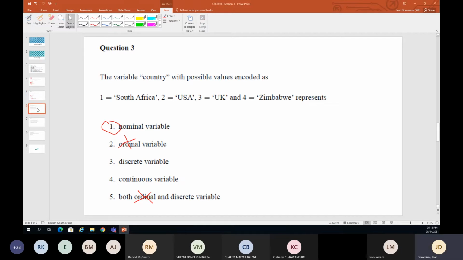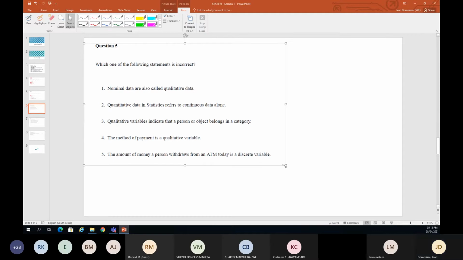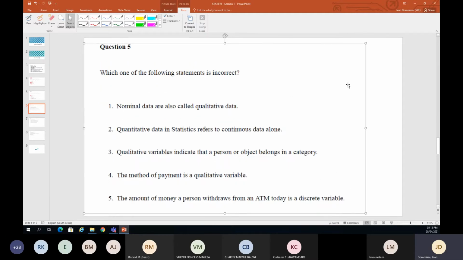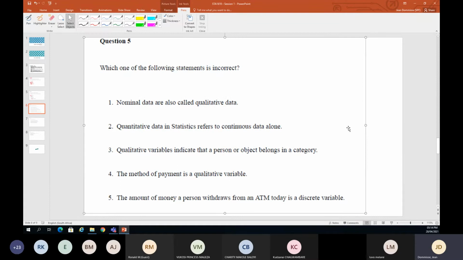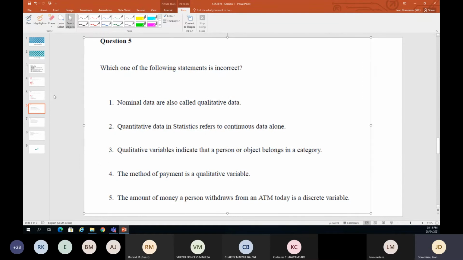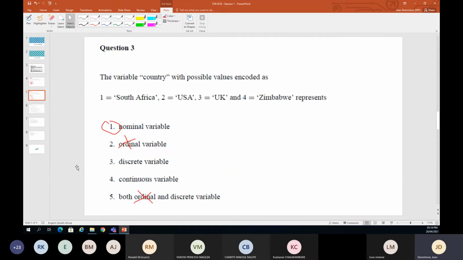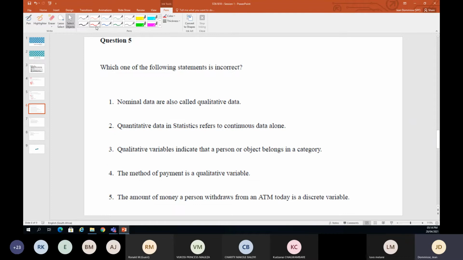Okay, the next one, as you will see, I did skip again. Also, what they like to ask, and the way that they structure it, is sometimes you get into the routine of looking for the correct one, and then they throw in which one is incorrect.